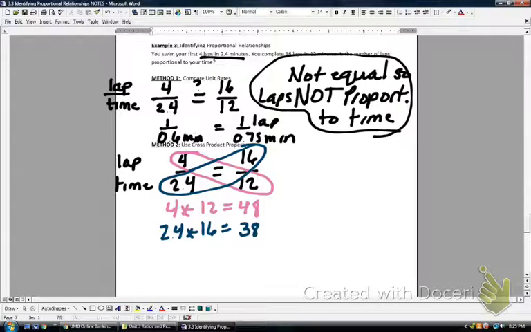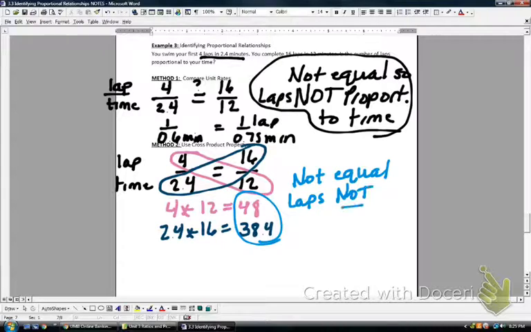That comes out to be 38.4. So now I'm going to look at these two numbers, 48 and 38.4. They are not equal. So just like in method 1, laps not proportional to time.